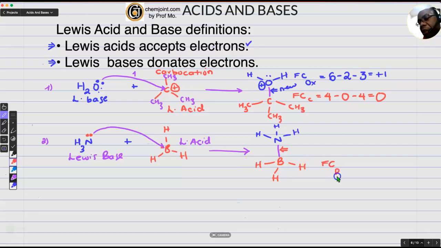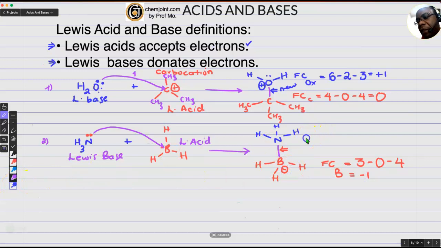The formal charge of the boron here will be equal to the valency of boron. I believe it's in main group 3 of the periodic table. Just count the columns, skipping the transition metal elements. Then subtract the lone pairs on boron. There is none. Subtract the bonds on boron. There are 4 bonds, 1, 2, 3, 4. The 3 red bonds and the purple one, you get -1. So the boron has a charge of -1.